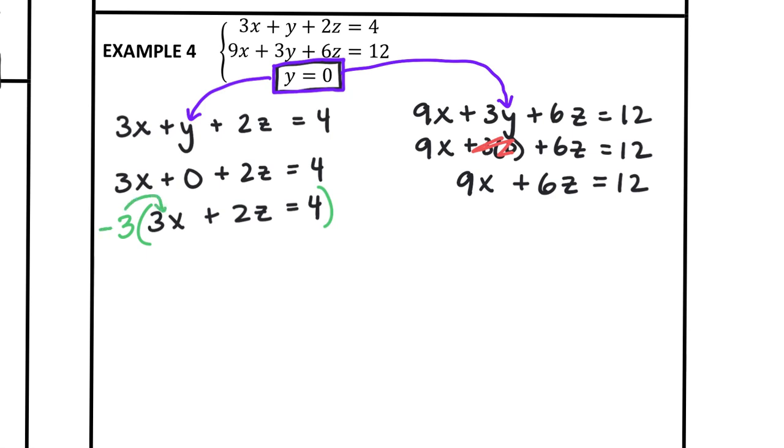And so if I multiply every term by negative 3, what do I get? So negative 3 times 3, negative 9x. Negative 3 times 2, negative 6z equals negative 3 times 4, negative 12.